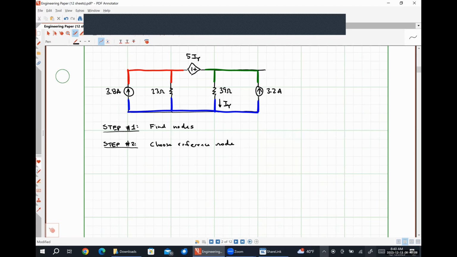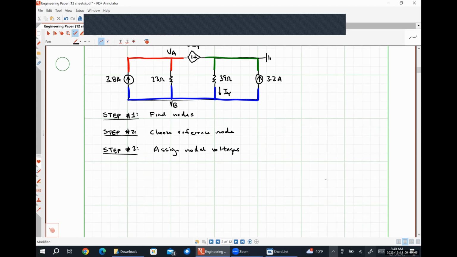Interesting choice, but perfectly acceptable. Now we're going to have step number 3, assign nodal voltages. So this is going to be node A, and this guy down here will be node B. Our green node is ground, so we are done.